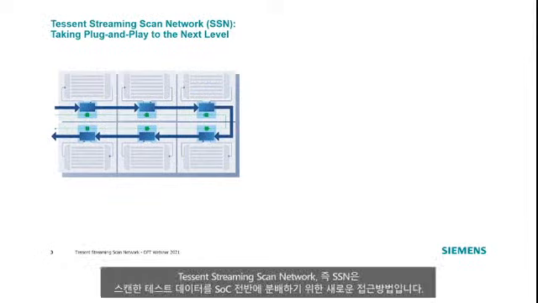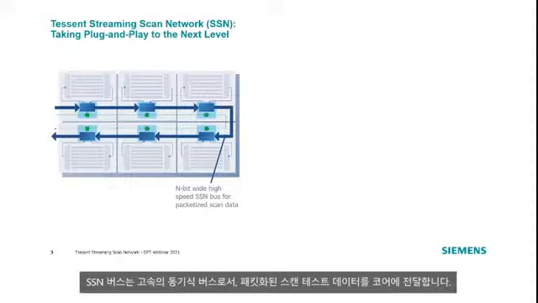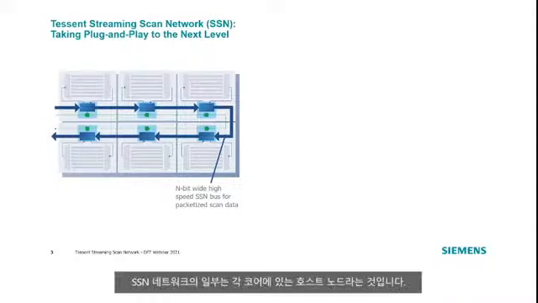Tessent Streaming Scan Network, or SSN, is a new approach to distribute scan test data across an SoC. In this example, we see a design with 6 cores and an SSN bus. The SSN bus is a high-speed synchronous bus to deliver packetized scan test data to the cores. Part of the SSN network is what we call a host node in each core.